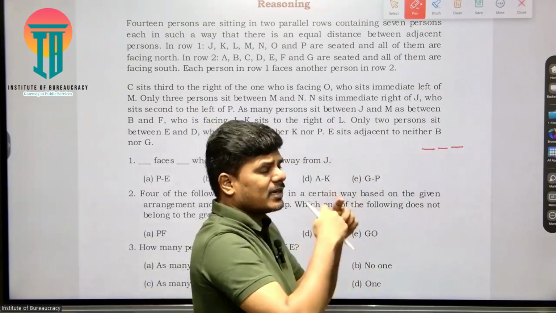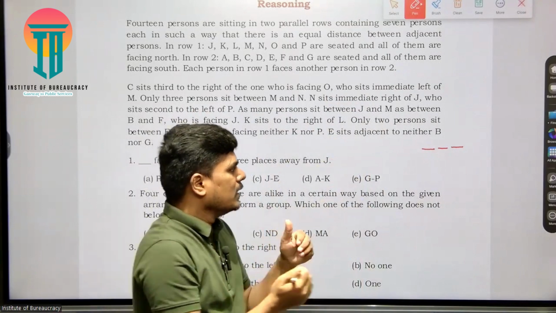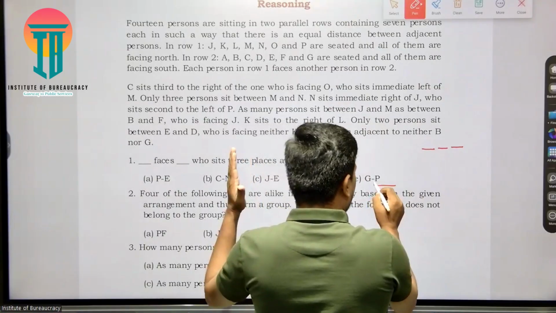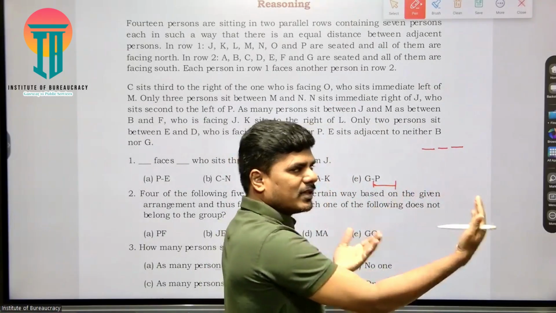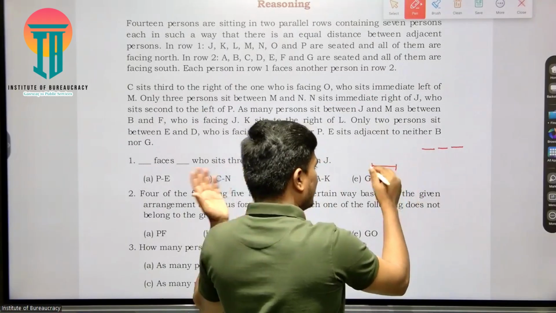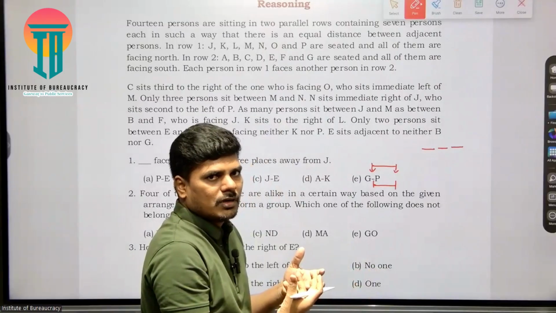Again, when it comes to seating arrangement, you should be careful with the right and left. The person who is sitting in the first row, my left hand side will be left, my right hand side will be right. The person who is sitting in the second row, my left hand side will be right, my right hand side will be left. That's how we have to take.